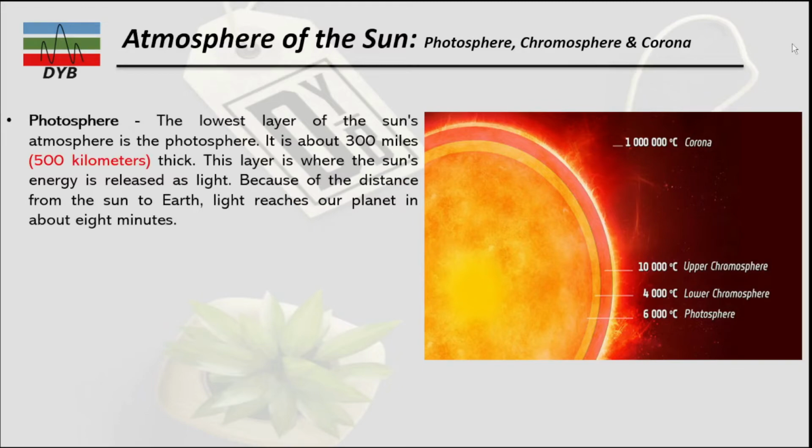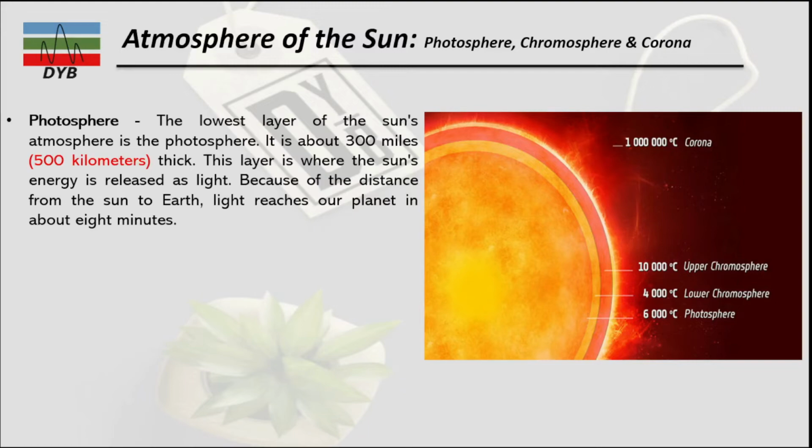First of all, the first layer is the photosphere, which is the lowest layer of the sun's atmosphere. It is over here, and it is about 300 miles or 500 kilometers thick. This layer is where the sun's energy is released as light.